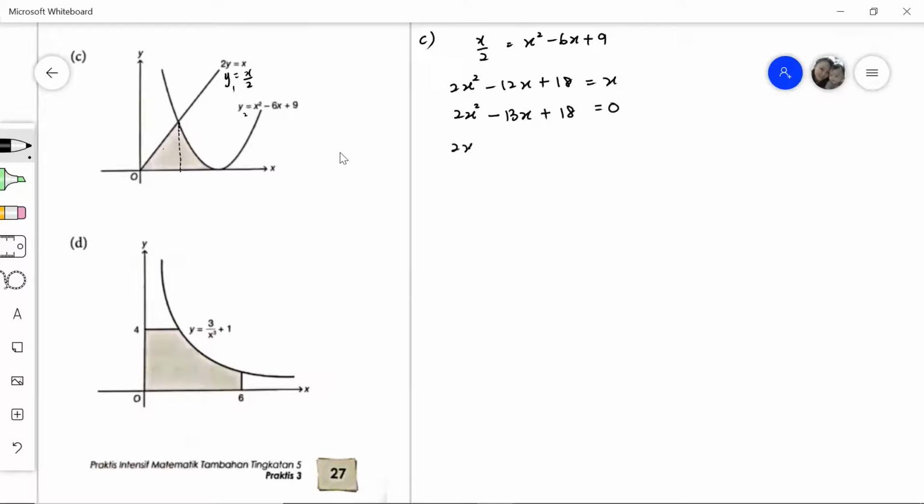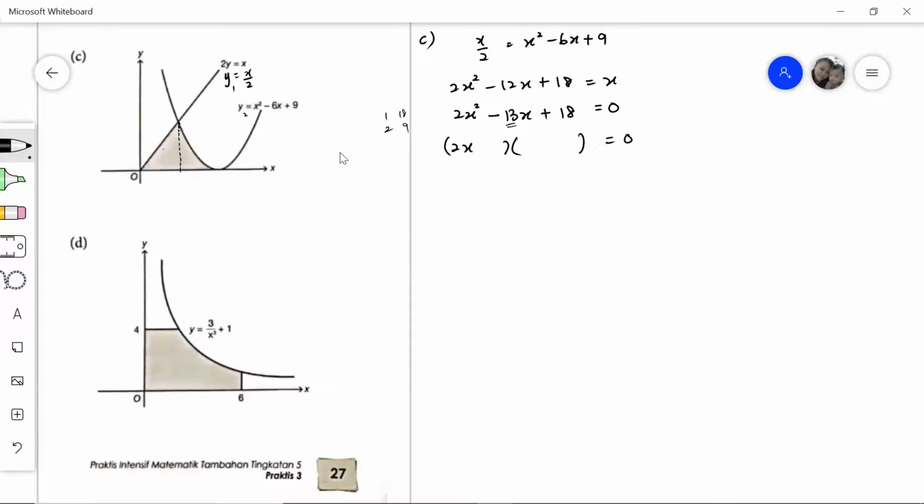So we have to factorize this part. How do I get 18, and yet the sum is 13? To get 18, we have 1 and 18, 2 and 9.